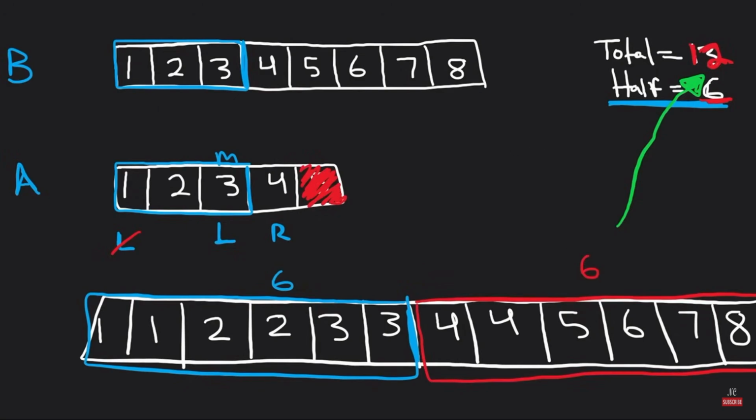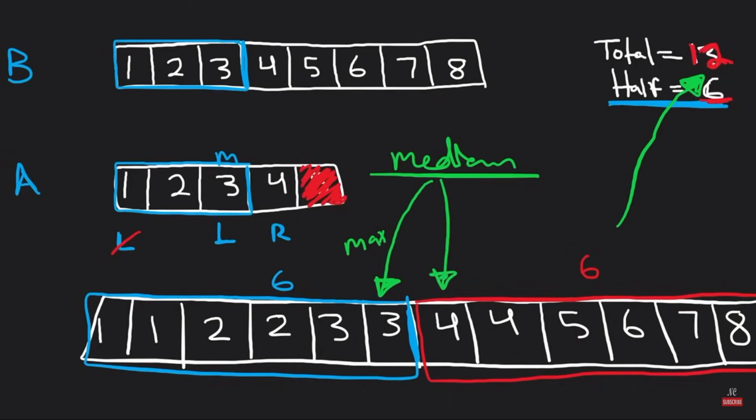So clearly, if we actually want to find the median, what we have to do is take the max value from our left partition and take the minimum value from our right partition. That's pretty obvious. So how do we translate that when we actually have 2 separate arrays?